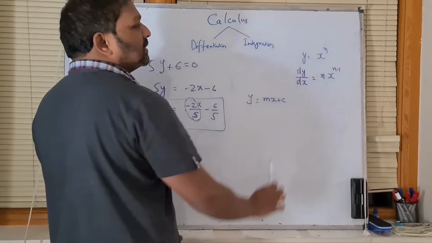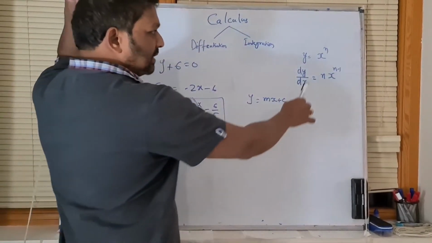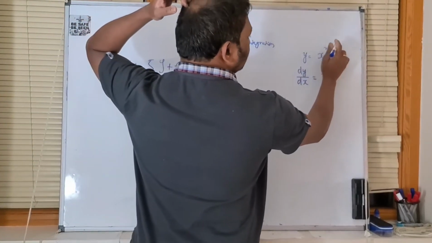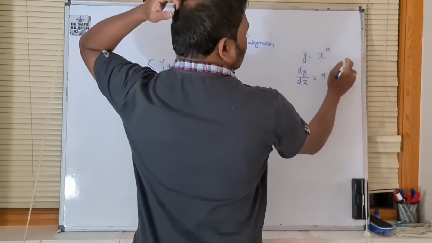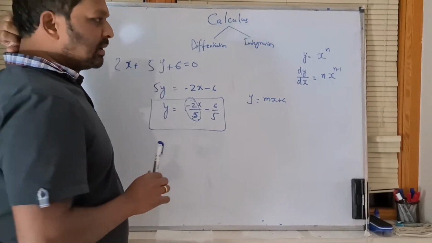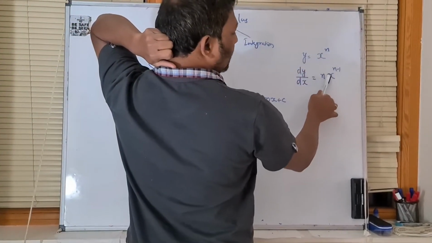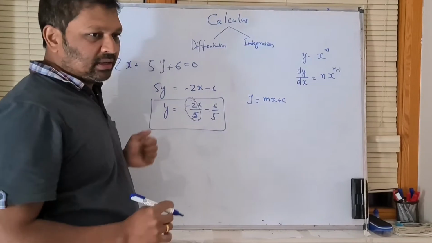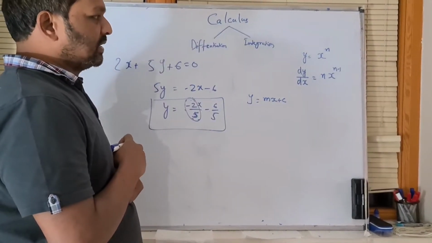The power of x is reduced by 1, and the power also comes as a multiplier, as a coefficient.